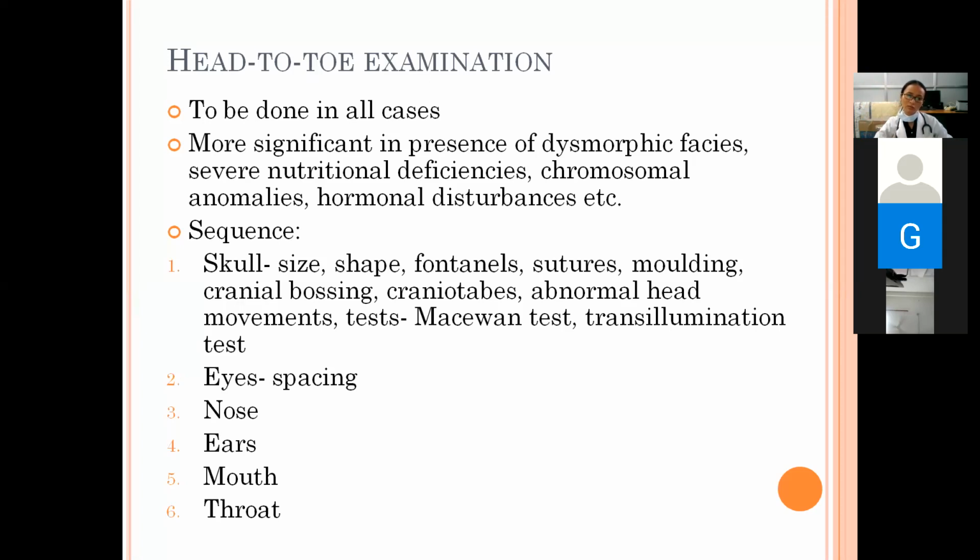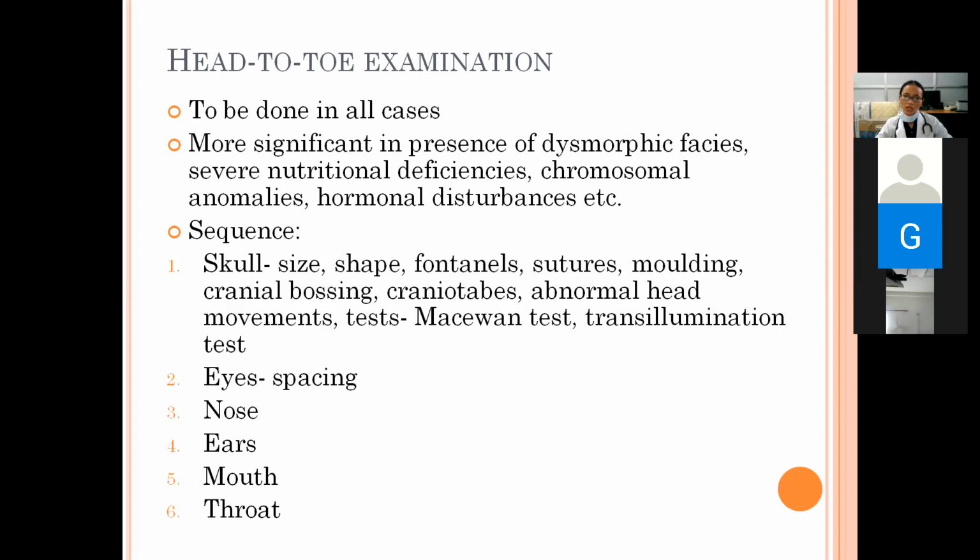It can be normally present in children from newborn up to 3 months of age. But in all other children, craniotabes is abnormal. It can be seen in cases of hydrocephalus and in children with rickets.